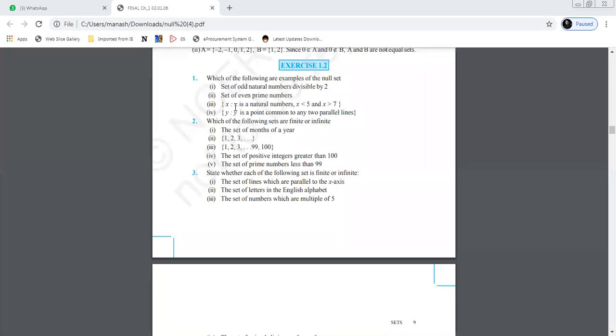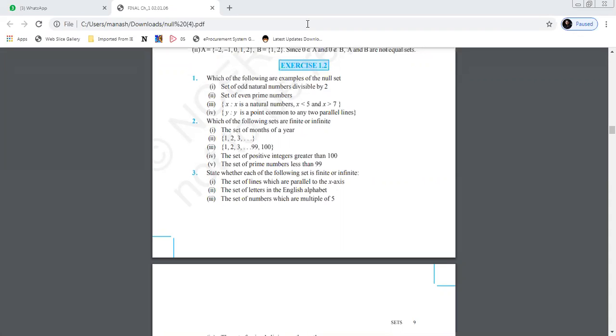What is given: x such that x is a natural number where x is less than 5 and x is greater than 7. Can anyone tell me the answer? Is this an empty set or not? x is a natural number less than 5 and must also be greater than 7. Here, x less than 5 means it may be 1, 2, 3 or 4.